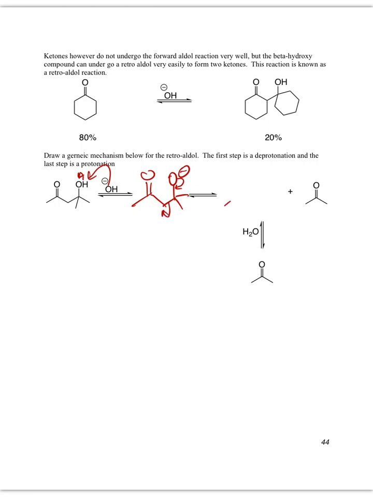We can reform the molecule of acetone and form an alpha anion, the enolate, and then that enolate can go grab a hydrogen off of water to form the other equivalent of our starting ketones. We can go back and forth depending on the conditions of the reaction.